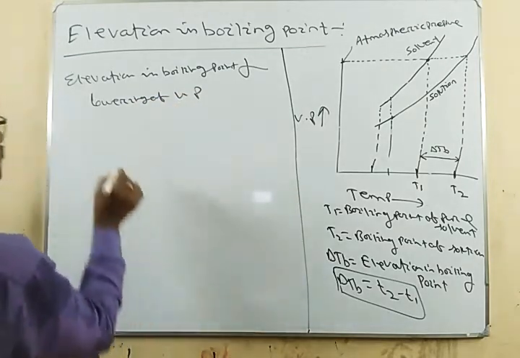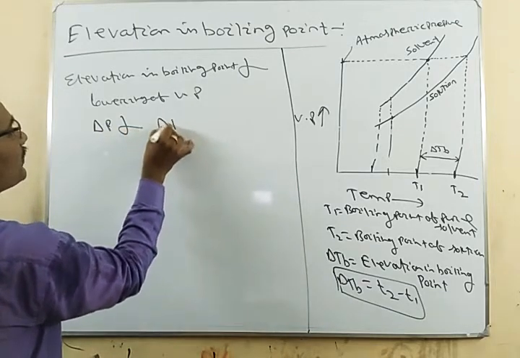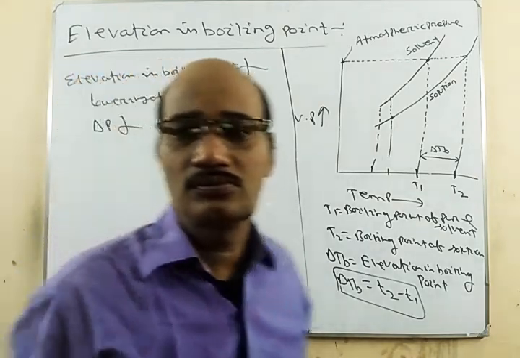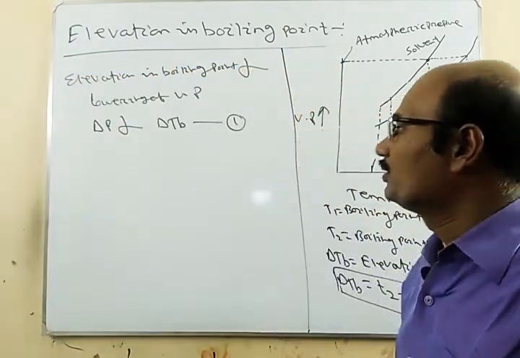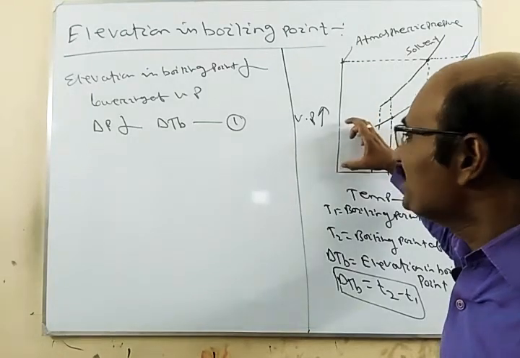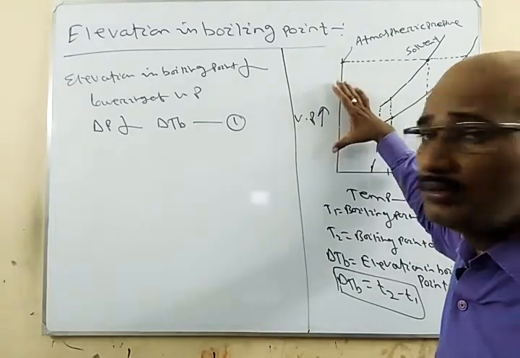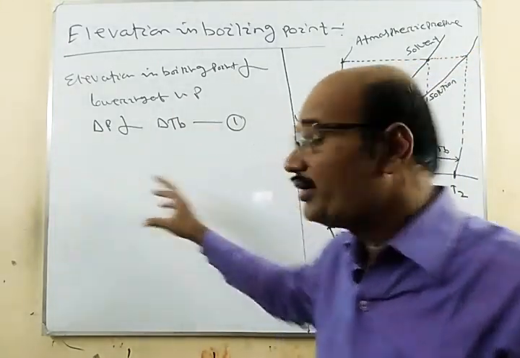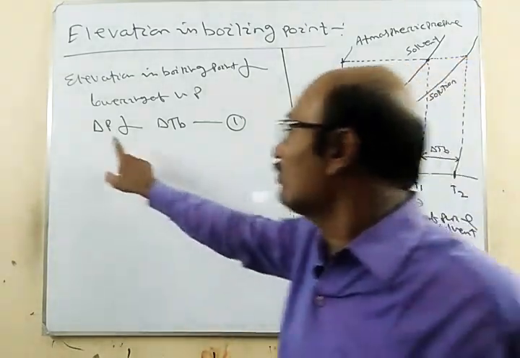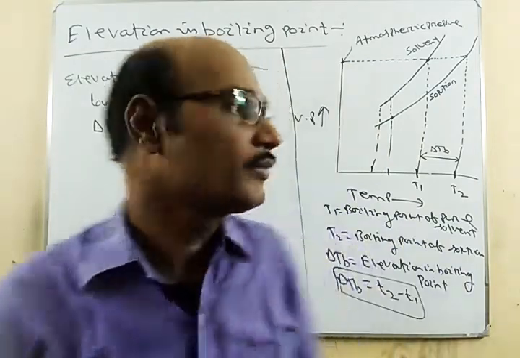That is, delta P is proportional to delta TB. If the decrease in vapor pressure is more, then the elevation in the boiling point is also more. So delta P is proportional to delta TB.